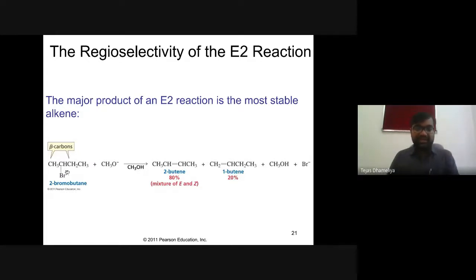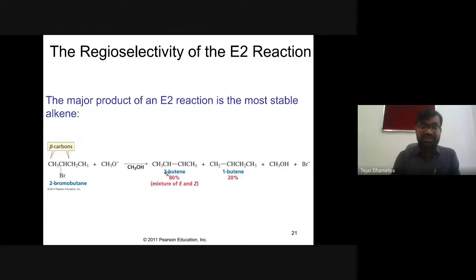I think you people know this very well, that if there are 2 beta hydrogens, then there can be formation of 2 different products. Let us say 2-butene and 1-butene. Out of this, 2-butene is the major product that has formed in 80%, but 1-butene is a minor product because it is obtained only in 20% yield.